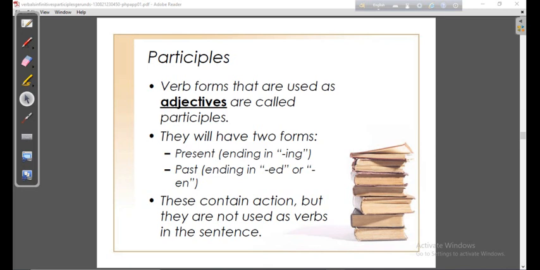Participles are verb forms, but they no longer do the function of a verb. Rather, they function as an adjective.